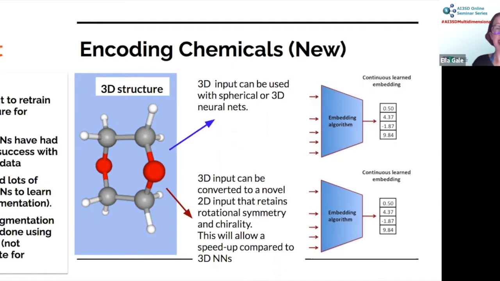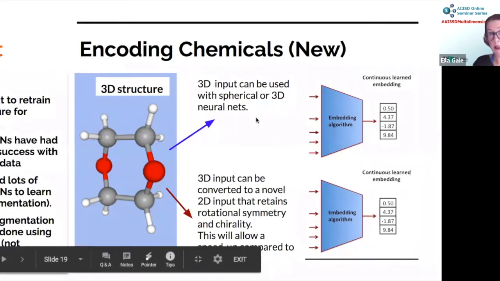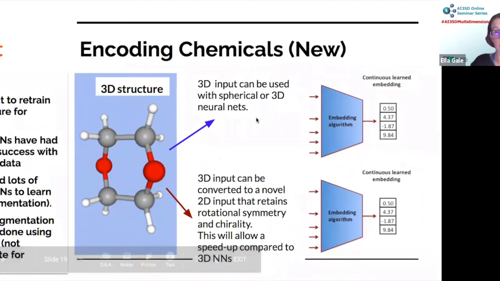So we really need a 3D structure in order to keep chirality. So one thing you could do is you can put in a 3-dimensional structure into what's called a spherical or 3D neural network, which works just like a 2D neural network. The problem with this is, well, to be honest, there's not too much work in this direction yet.